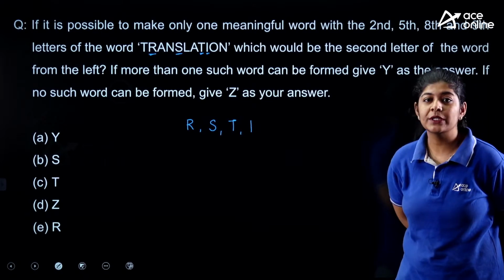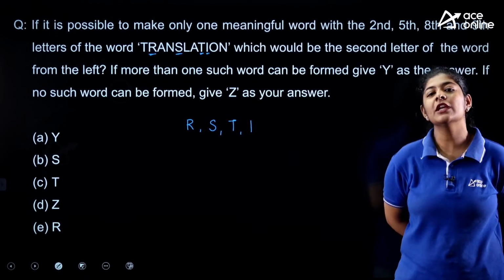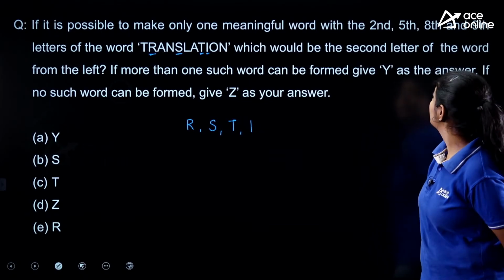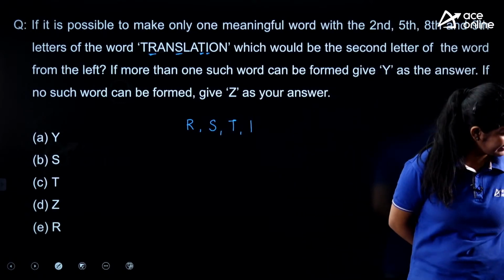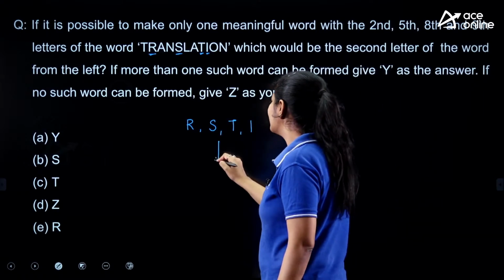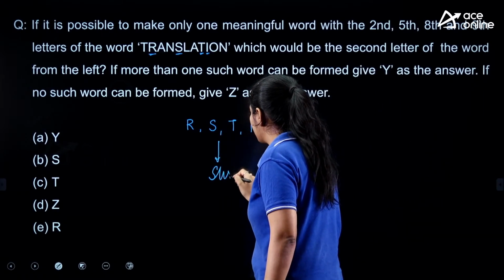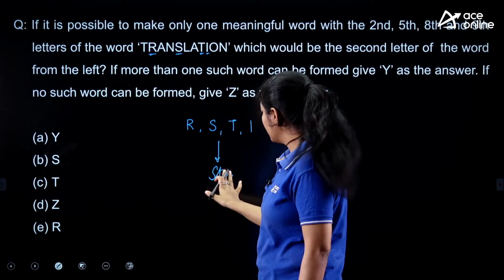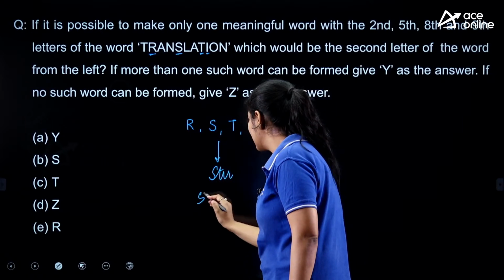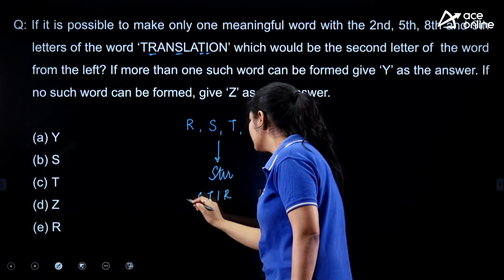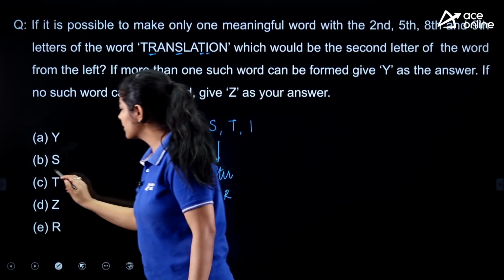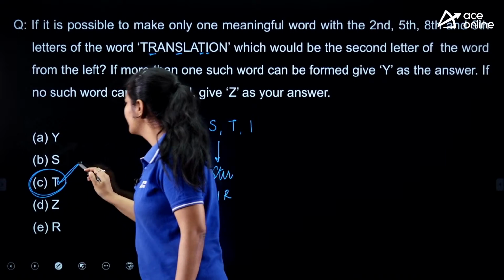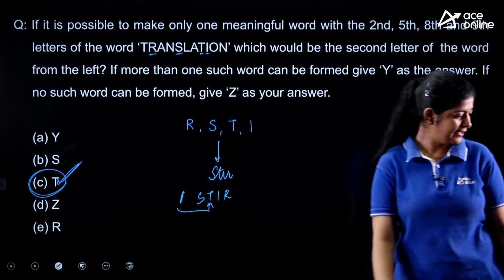If no such word, then Z. If we are only able to make one word, then we need to determine its second letter from the left. Very good, Dharani. The only word that we can make is STIR. So this is my left, and the second letter from it is T. Option C is the correct one.